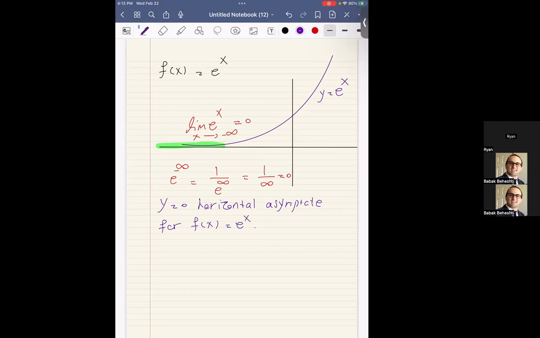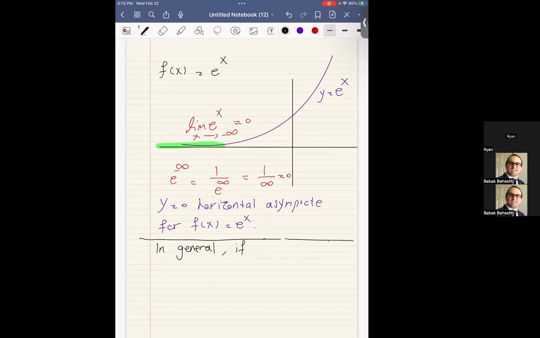So in general, for a function f of x, if the limit of f of x, x goes to either positive or minus infinity, I mean, either of them is equal to L, or maybe let me separate them, because even one is enough.